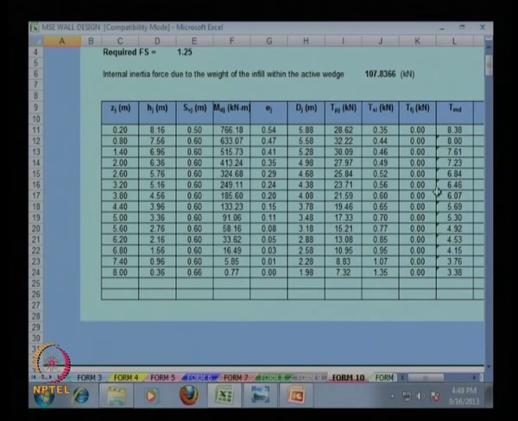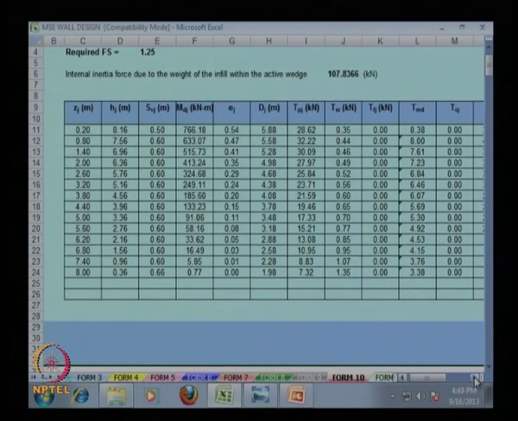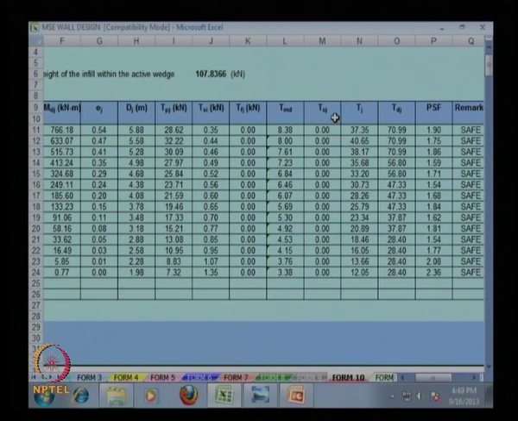This is T required, 8.36, going down to 3.38, and Tsj is also 0. Tj is 37.35, decreasing up to 12.05. Td j is 70.99, decreasing up to 28.40, and this is the partial safety factor.